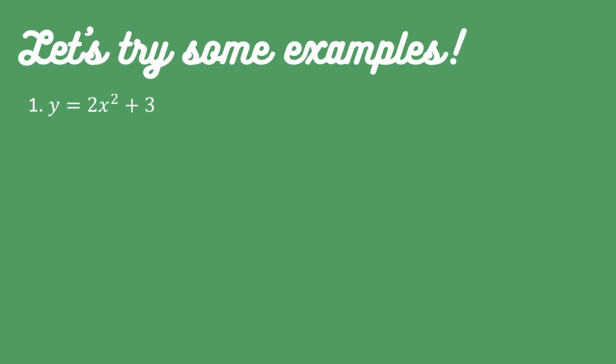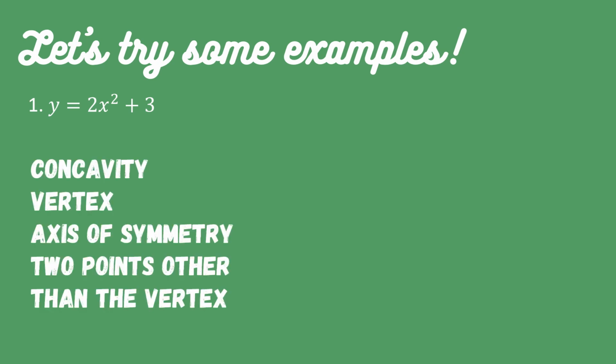We have y is equal to 2x squared plus 3. So concavity, how do we find the concavity? When a is positive, it is opening upward. And when a is negative, it is opening downward. So dito po sa example natin, positive po si a.